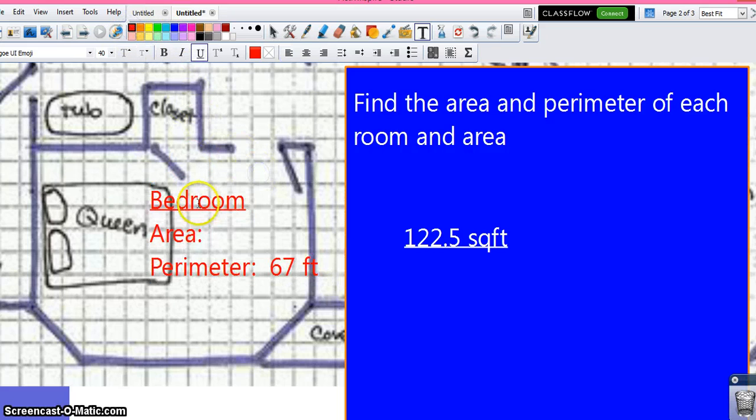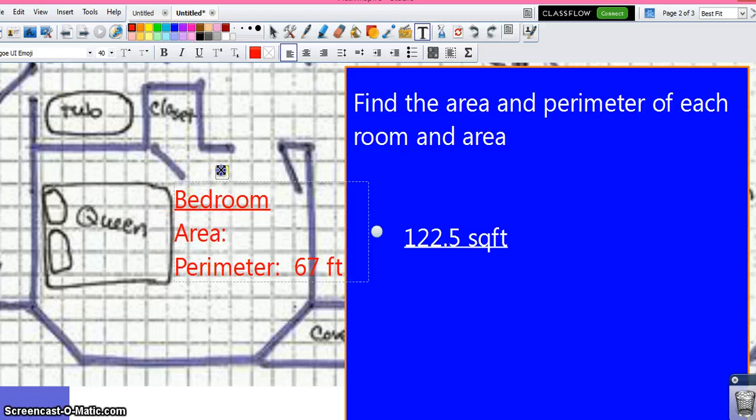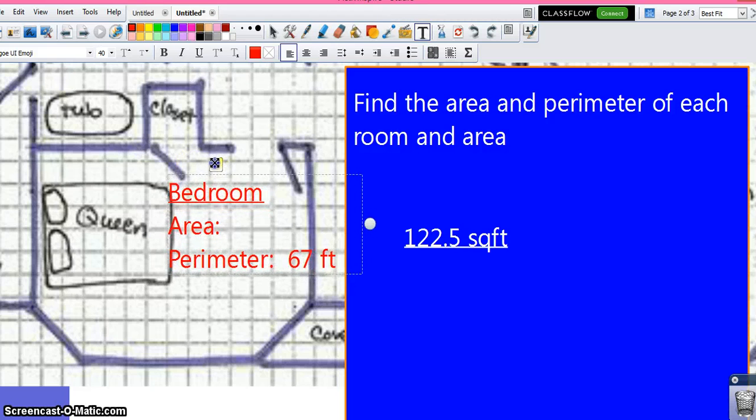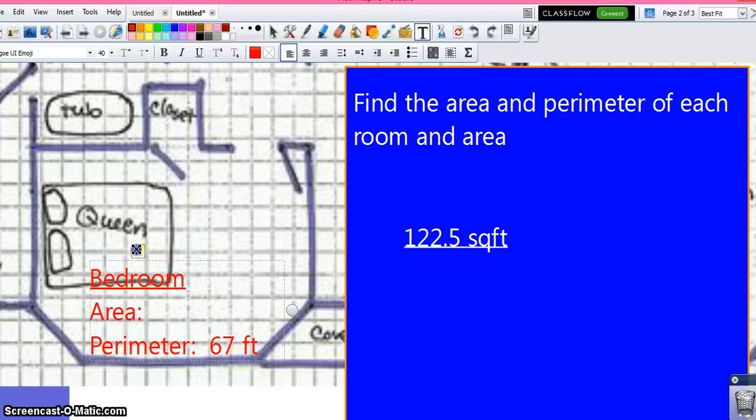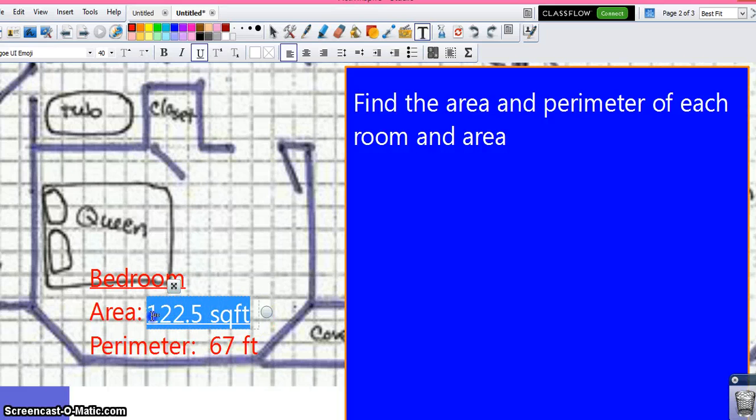So if you could, make sure that I can see it. And then from here, you're just going to put the bedroom area and perimeter. And that's how you do it whenever it is not a regular shape, such as a square or a rectangle.